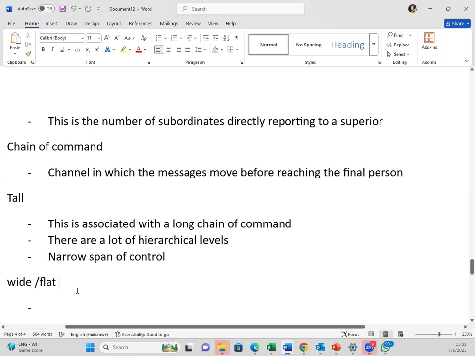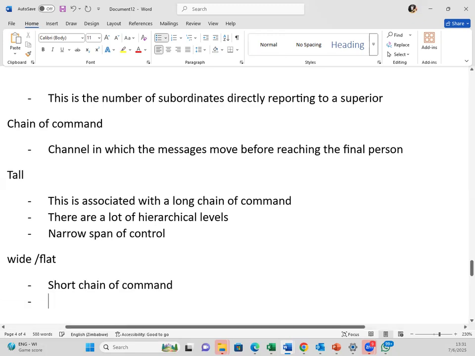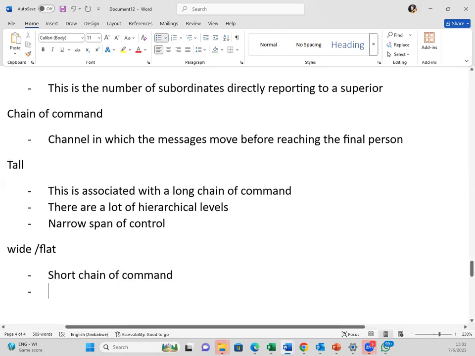Then if the structure is wide, it is the opposite. If we maintain a wide span, normally it results in a short chain of command, less hierarchical levels, less levels of management.